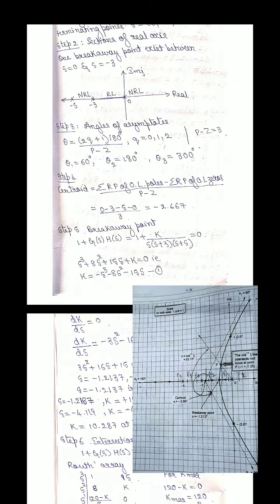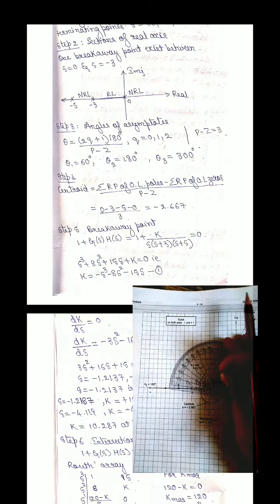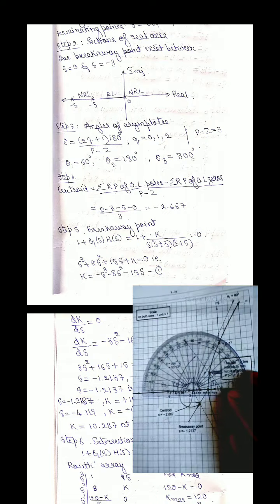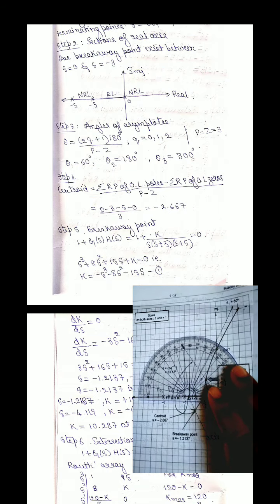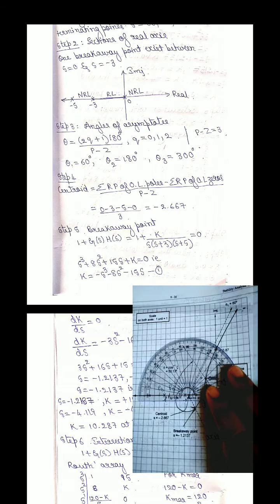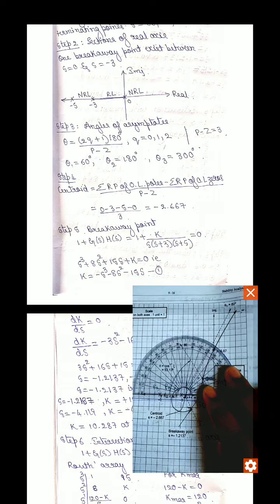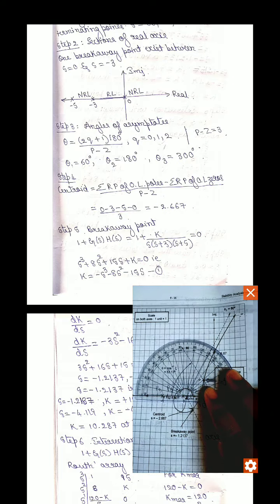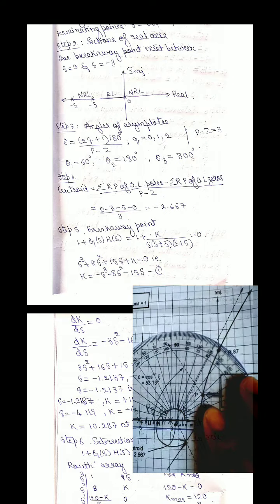Mark the centroid point. After marking the centroid point, you should mark the angle of asymptotes, okay. Keep at the centroid point and mark the angles. You can see here 60 degree.